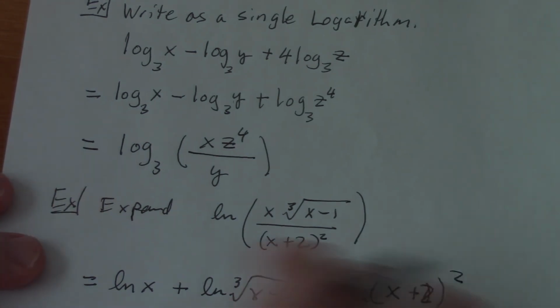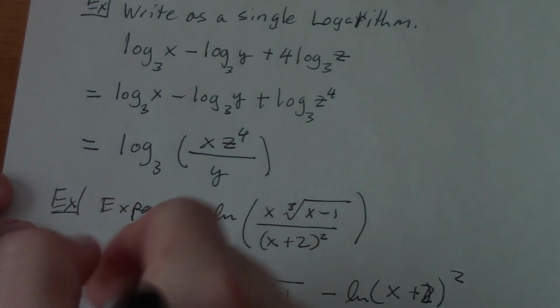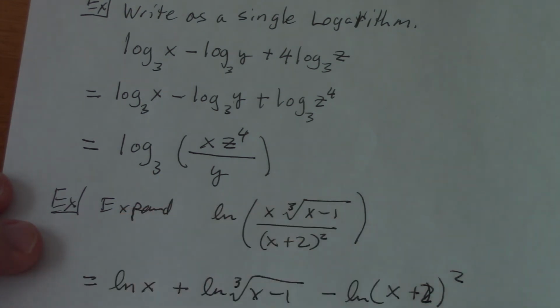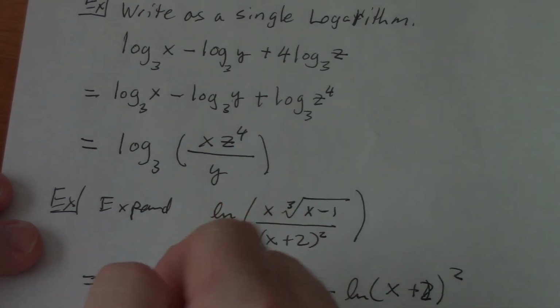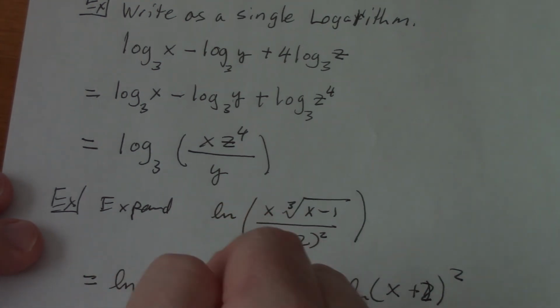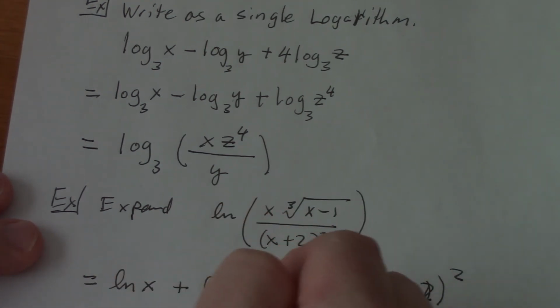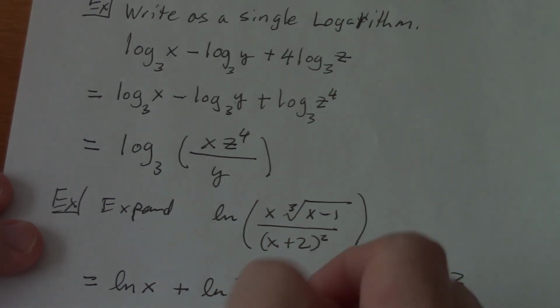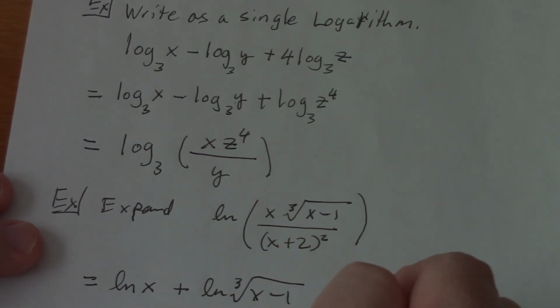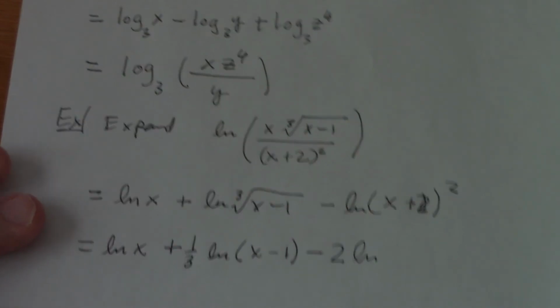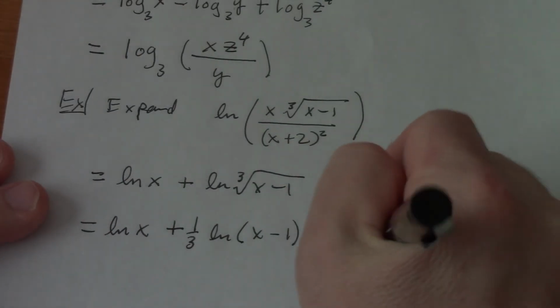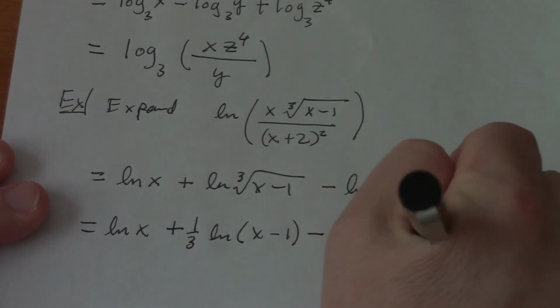Then we pull our exponents down. I don't have any for the first term, but this is a cube root, so it's raised to the 1/3. So this would be plus 1/3 natural log of x minus 1, and that one's squared, so minus 2 natural log of x plus 2.